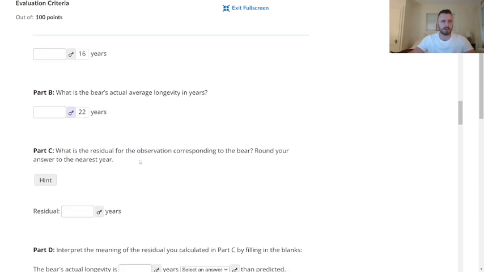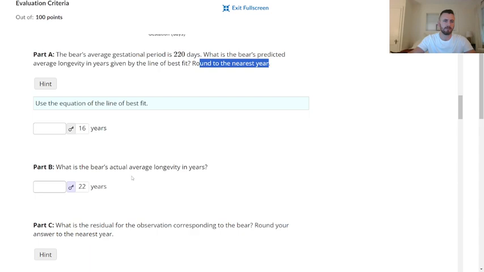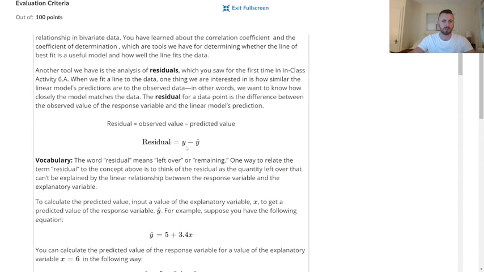The residual is going to be the distance between the observed and the predicted values. That's given by this formula up here: residual equals y, which is our observed value, minus y hat, which is our predicted value.